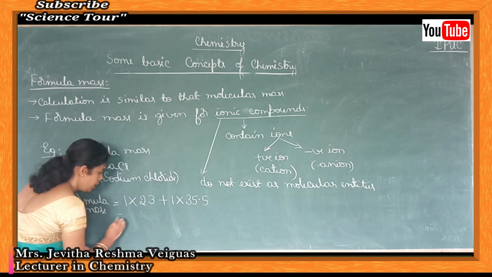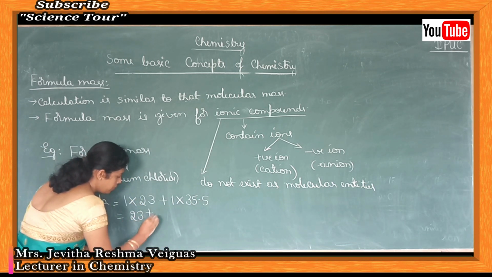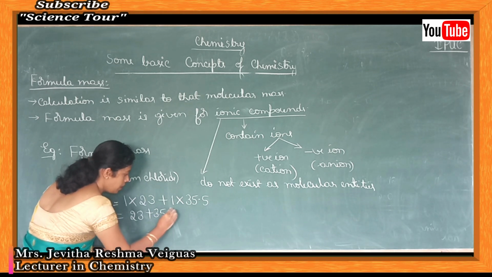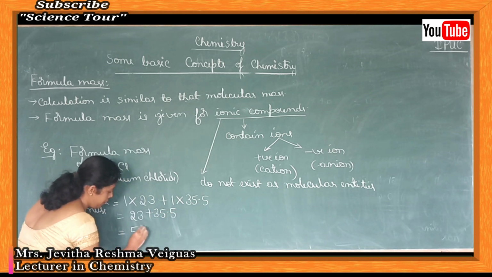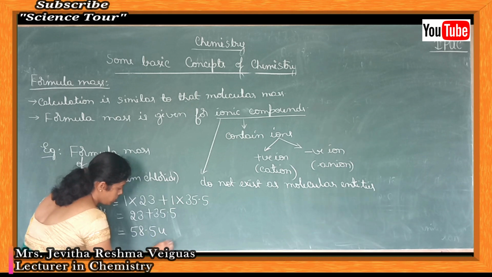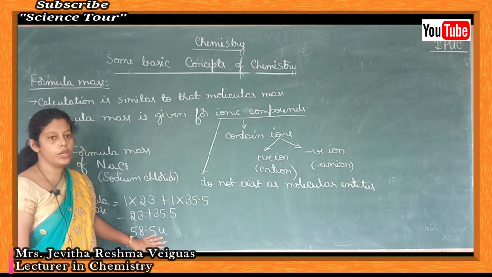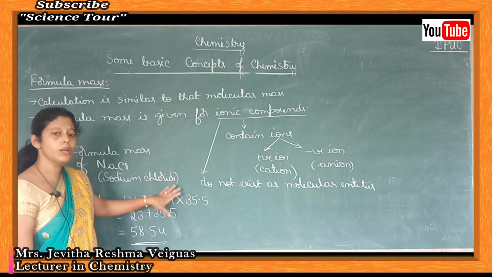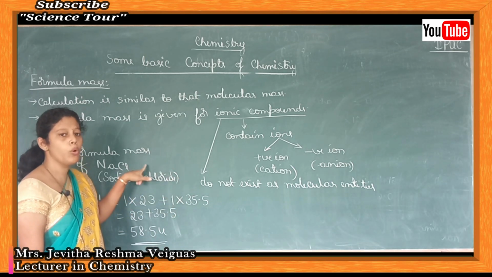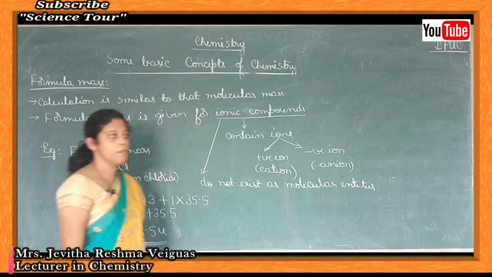So this is 23 plus 35.5, that's nothing but 58.5 unified mass. So this is how you calculate formula mass for ionic compounds. Formula mass is nothing but molecular mass, a special term only used for ionic compounds.